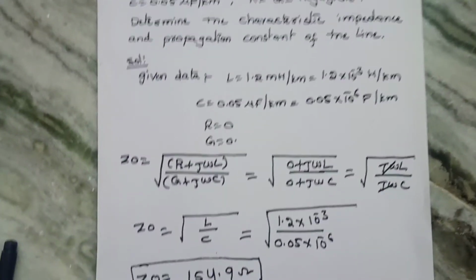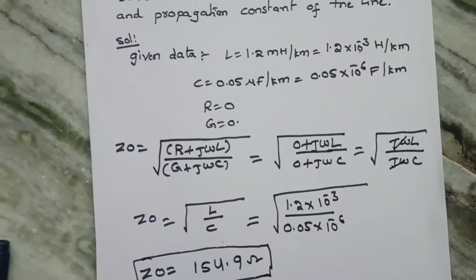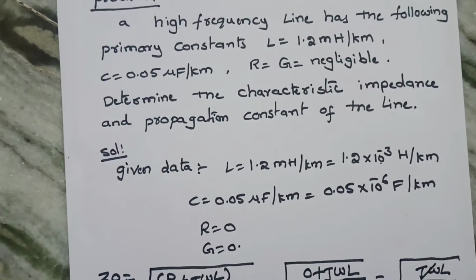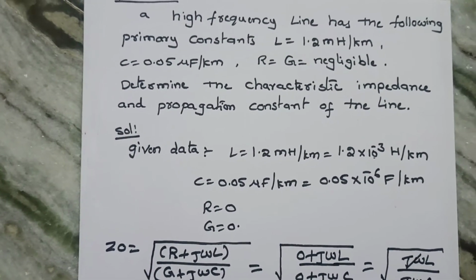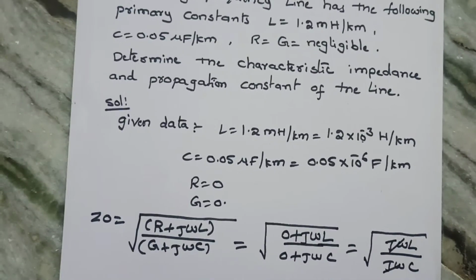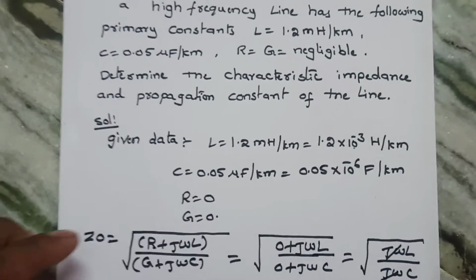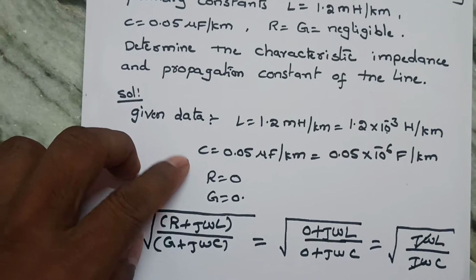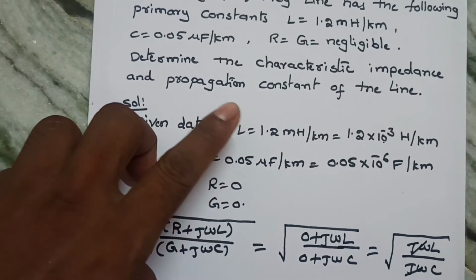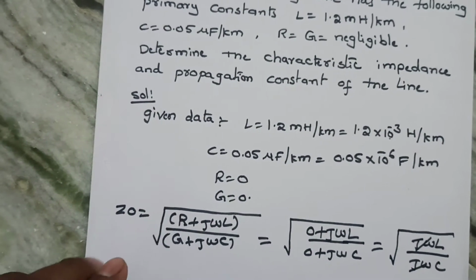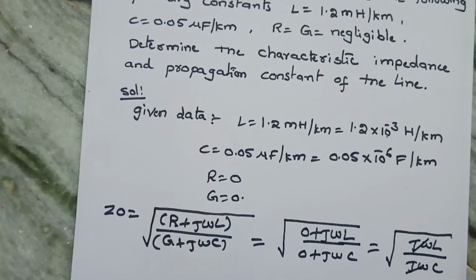So once again I want to explain. In the given problem, four parameters, these primary constants, are given. L value, C value, R value, G value are given. By using these parameters, we have to determine characteristic impedance and propagation constant.